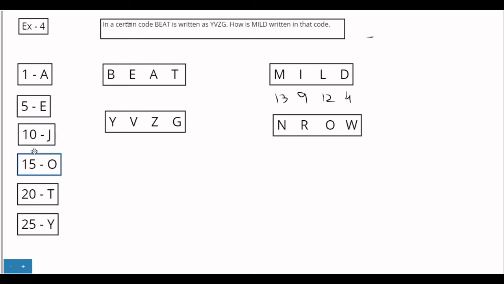You can just memorize some of them, like 1 is A, 5 is E, 10 is J, 15 is O, 20 is T, and 25 is Y. You can remember all of these and add and subtract to get the respective alphabets. And if you want, you can learn the opposites of them as well, like 1 is Z, 5 is V, and so on.